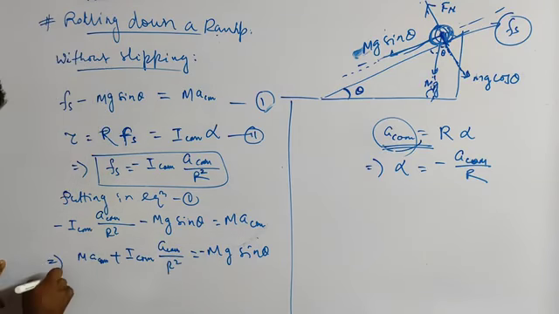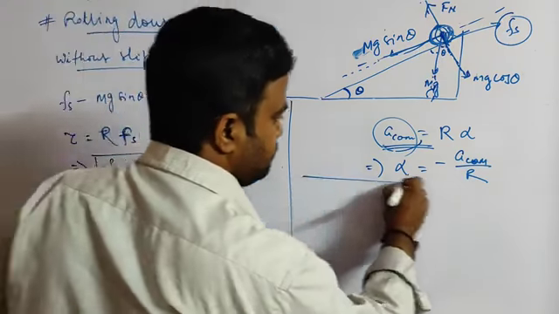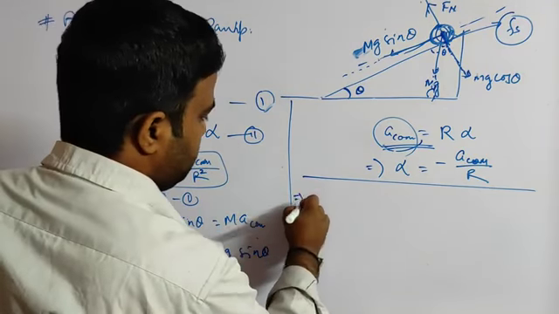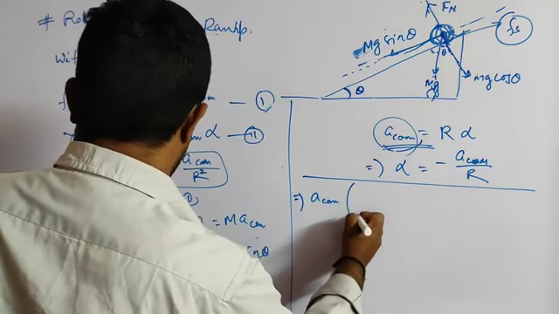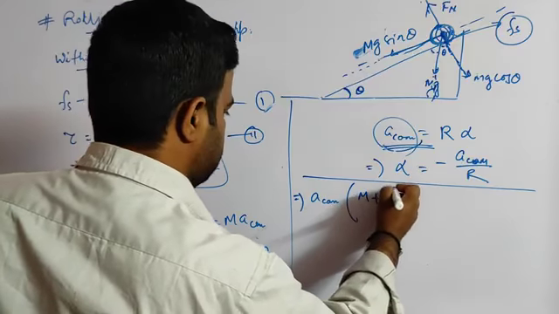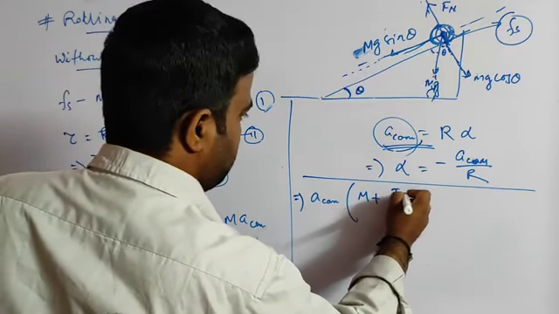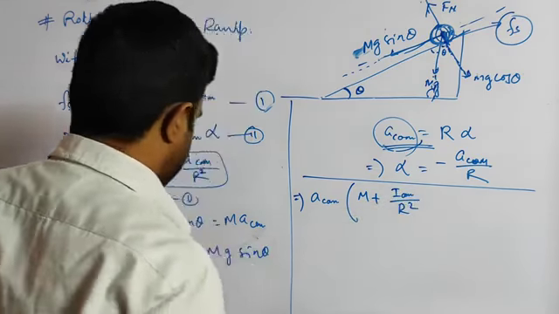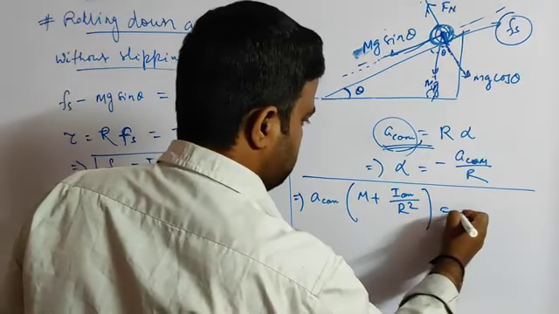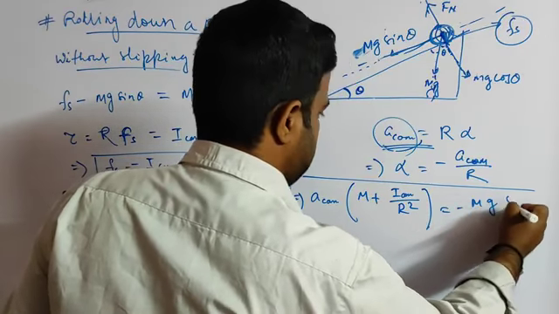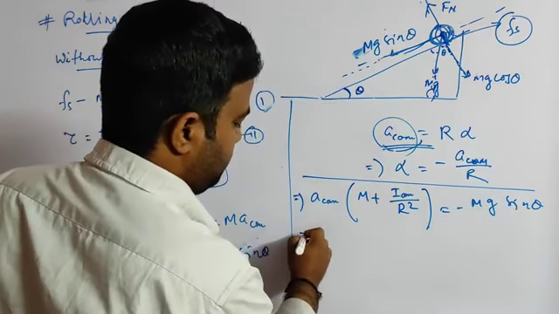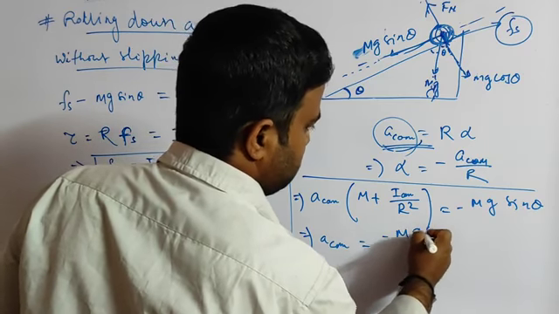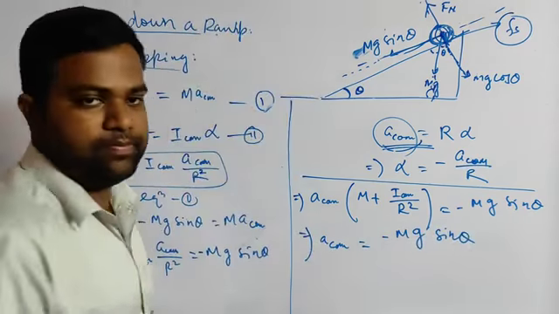Here you can take a center of mass common: a center of mass times m plus I center of mass by r square is equal to minus mg sin theta.